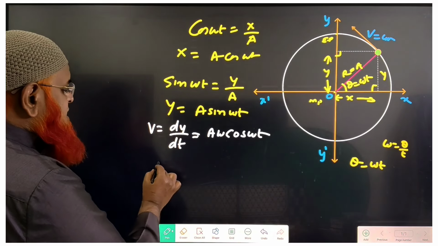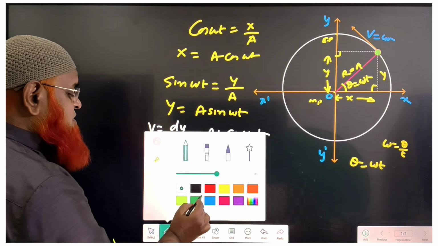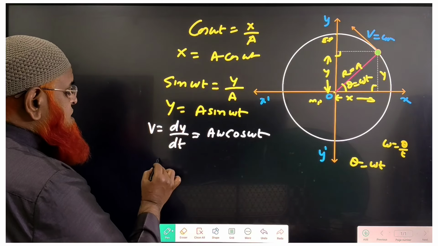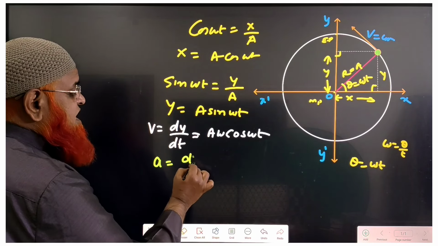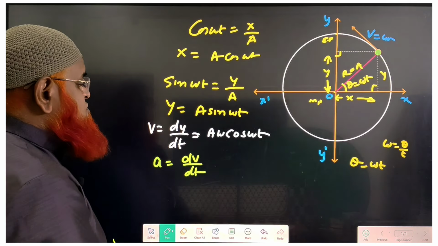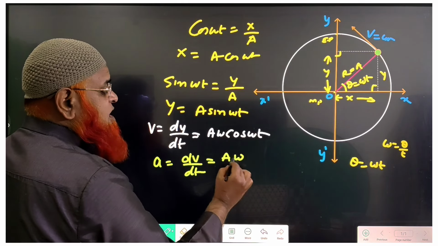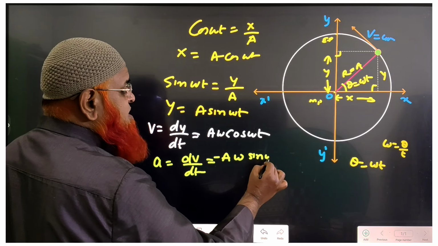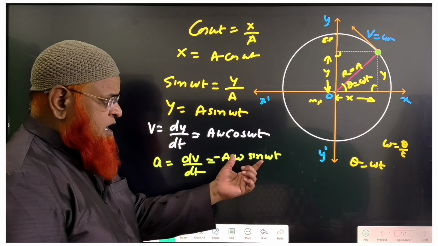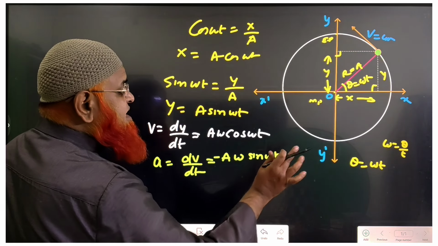Okay. How can we find out acceleration? If you differentiate velocity once again with respect to time, you get acceleration here. So acceleration is nothing but dv by dt. That means you have to differentiate all this. So here, this can also be taken as a omega. If you differentiate cos omega t, you will get minus sine omega t. And again, if you differentiate omega t, you will get omega once again, and dt by dt gets cancelled.